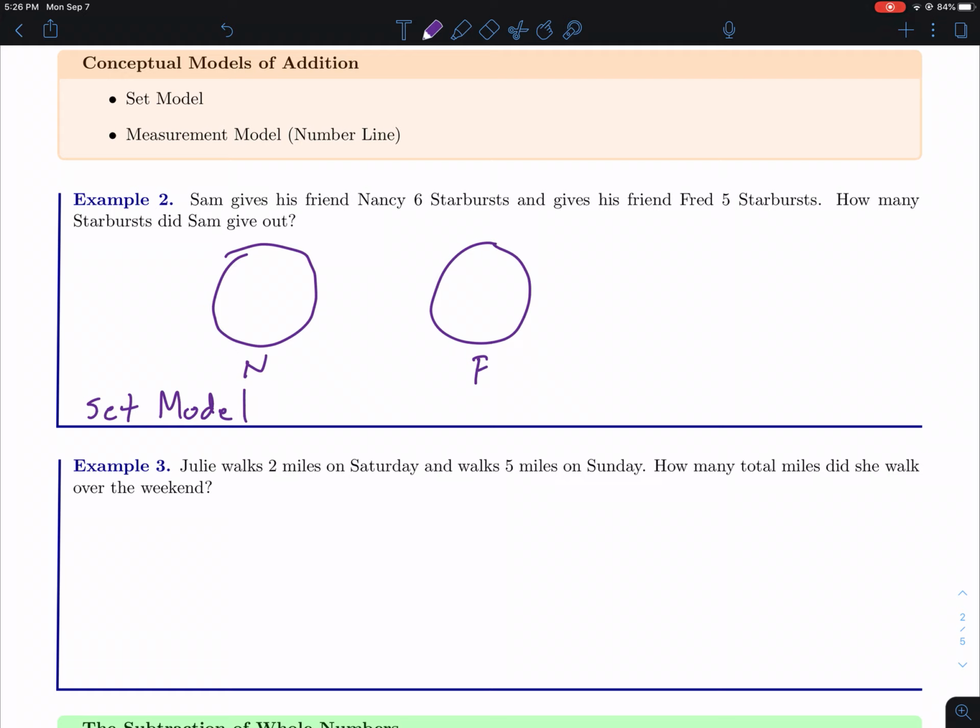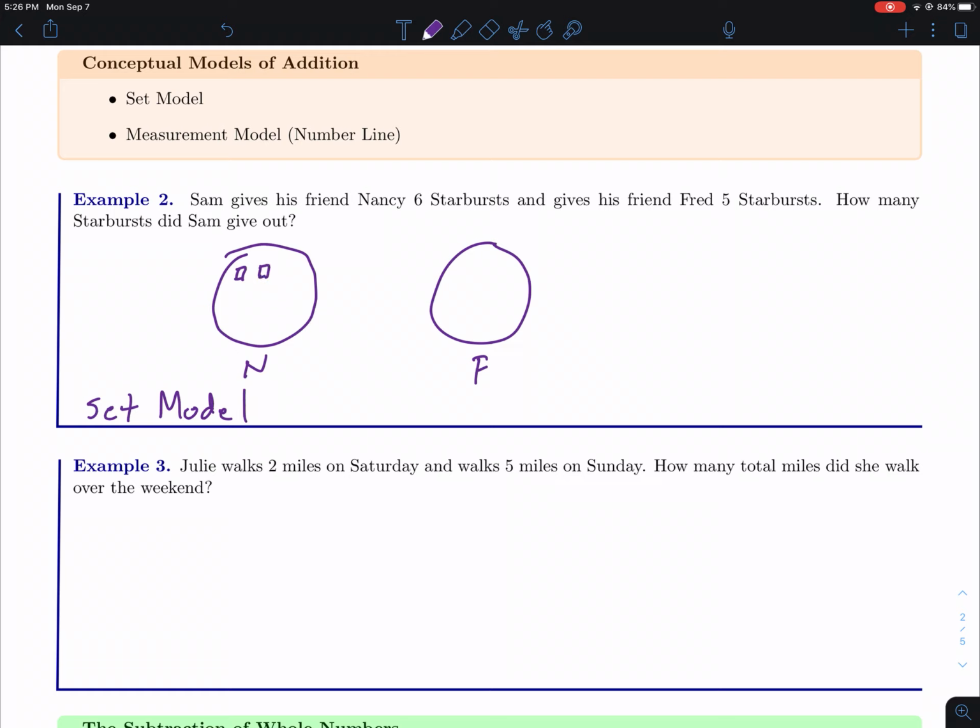Notice the way this is written, it doesn't say that Nancy and Fred are sharing any starburst. Nancy has her starburst, Fred has his starburst. There's no overlap, so that's why I drew the circles as two disjoint sets, so it looks like the picture above.